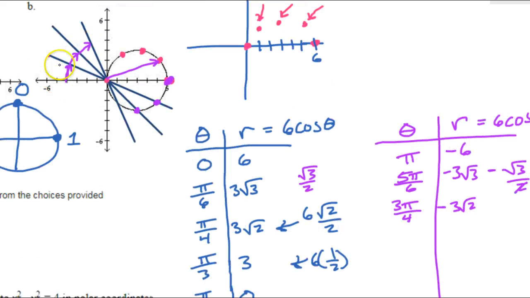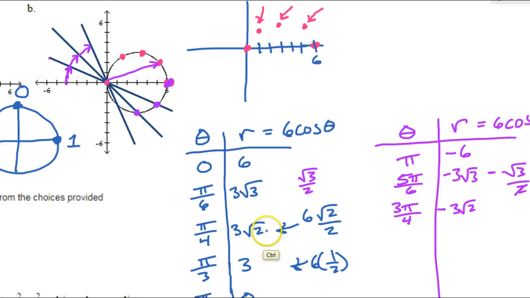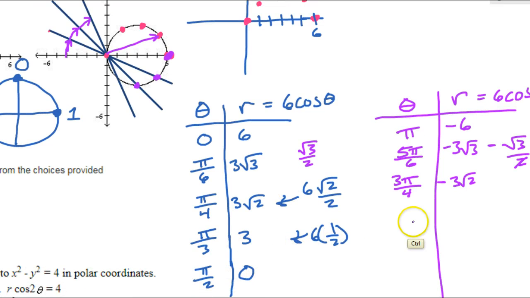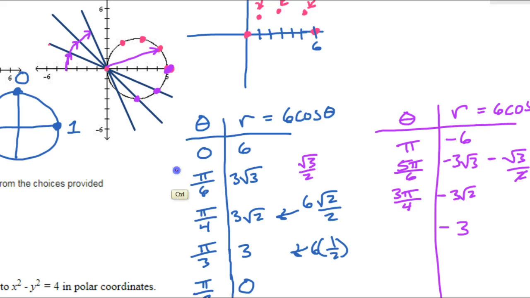The reference angle is pi/3. So once again, I'm going to wind up getting 3, but because it's on the left, it's going to be -3. So I'm going to wind up going 3 in the opposite direction, which is going to put me right here. Okay, and the name of this angle is actually 2pi/3.